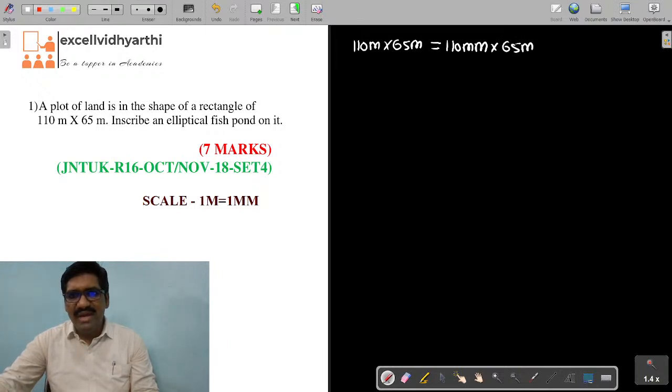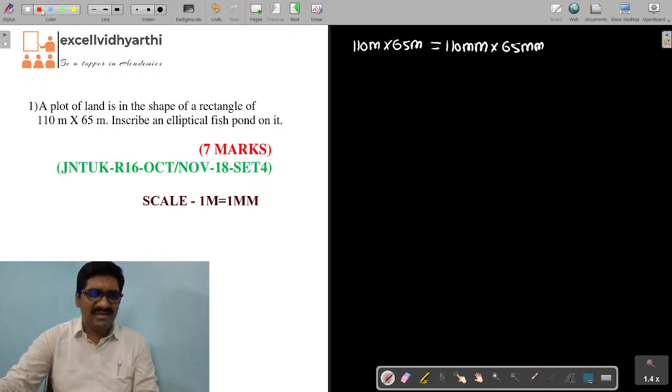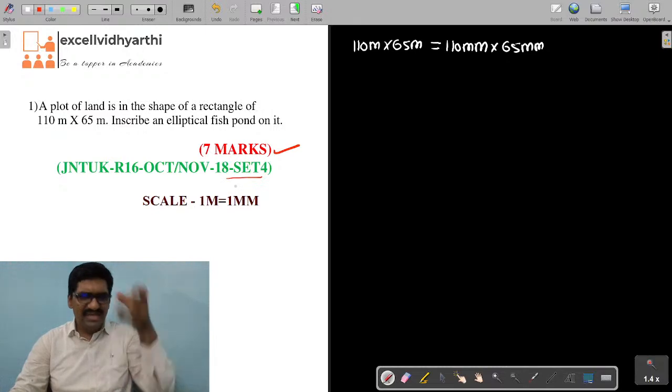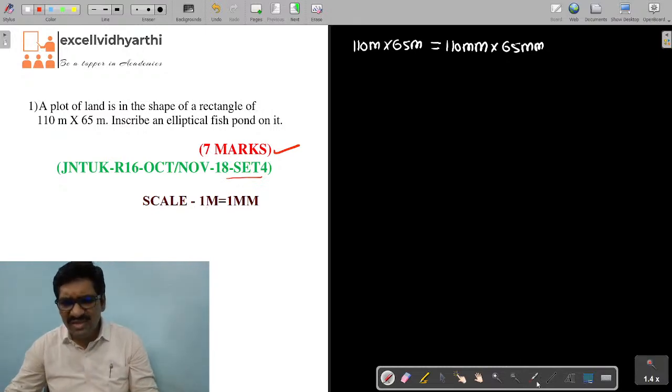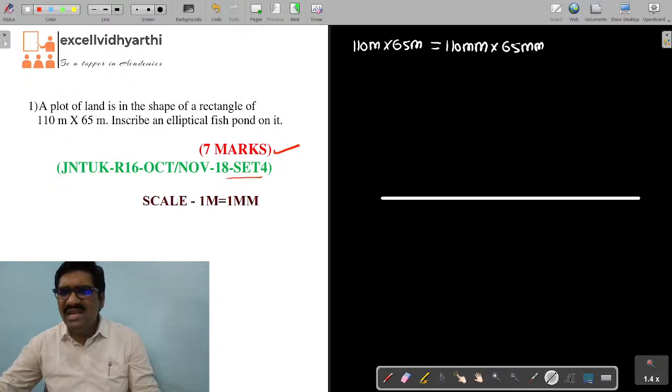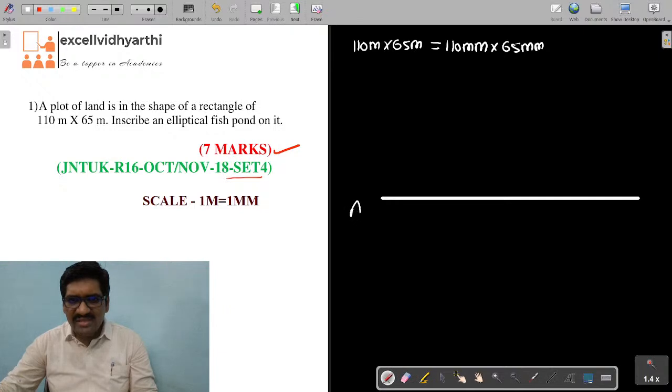Very simple. And this question is given for 7 marks in the semester examination, set number 4. Now what to do? Very simple. Draw a line of 110 mm, and you can take it as the major axis.